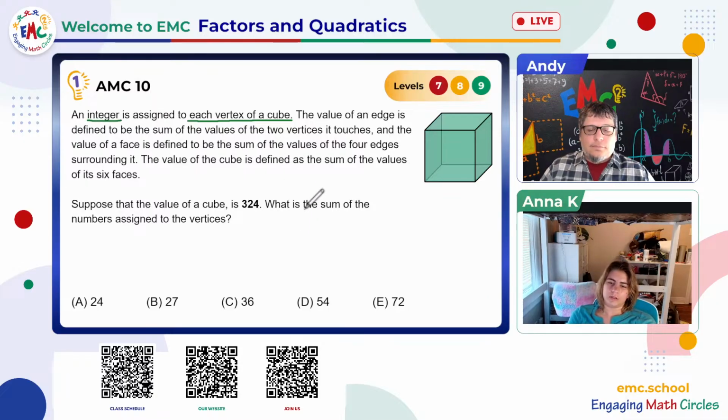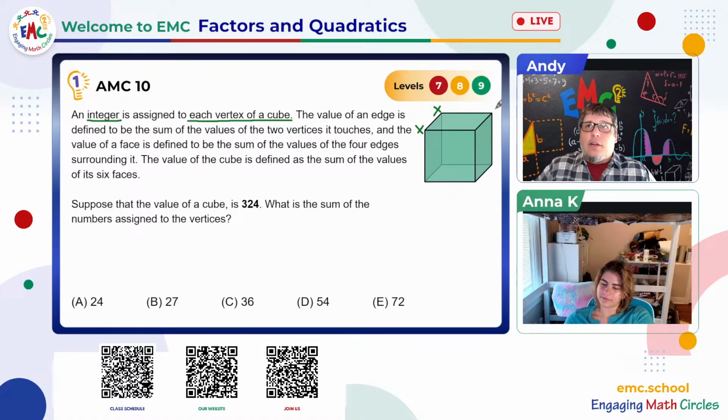So it's 0 through 9, right? No, that would be digits. Integers could be anything. Yeah, I was thinking of digits. I was thinking of something that could make this easier, probably. Well, it doesn't tell us we can't repeat. We just have to solve it. So we could consider all of them to be the same if we wanted to.